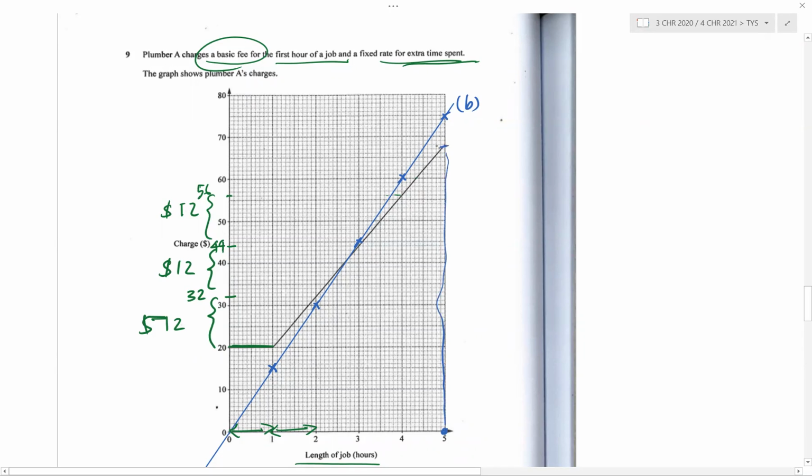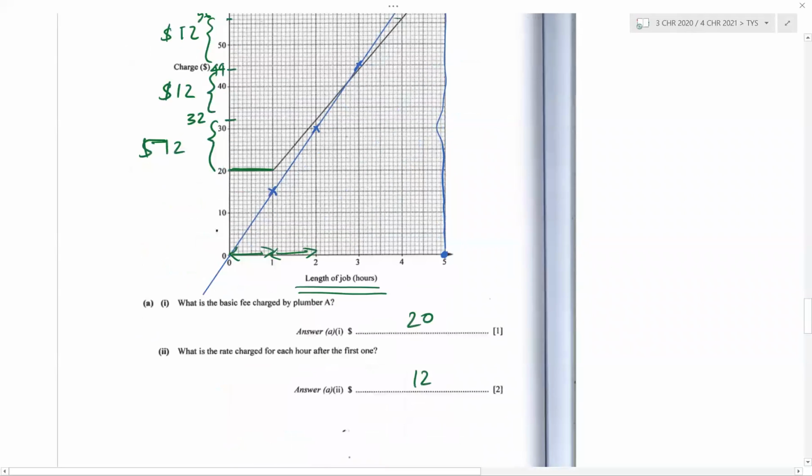Plumber A is charging about $60 over. Whereas plumber B is now charging $75 for a 5 hour job. So if you know that your job is very big scale and will take very long, you should go with plumber A. Okay, so this is what's happening.